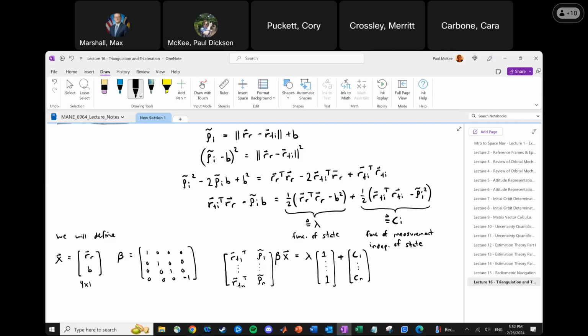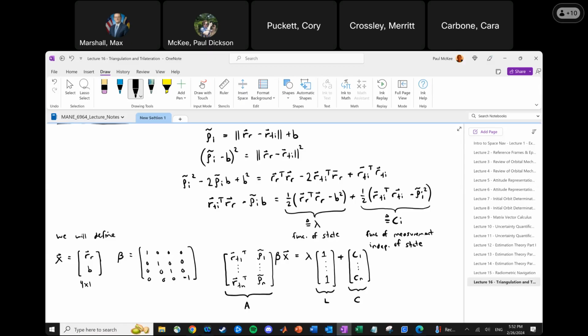Lambda is some function of the state, and Ci is independent of the state. Beta is defined over here. And so we have this matrix, which I'm going to call A. We have this matrix of just ones, which I'm going to call L. And we have this matrix of just C's, which I'm going to call C without a subscript, meaning that's the whole thing.